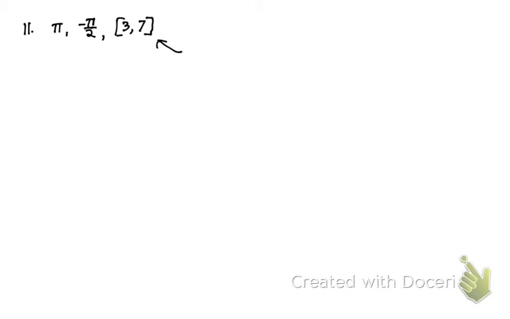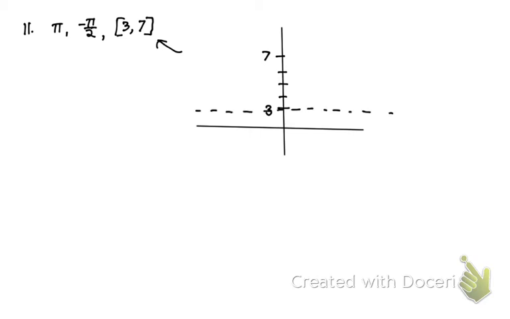So an amplitude of 3 and 7, that means if I have a number line or an xy axis, and I'm at 3, 4, 5, 6, 7. My graph cannot go below that part, and my graph cannot go above that line. That means your graph is looking like this.